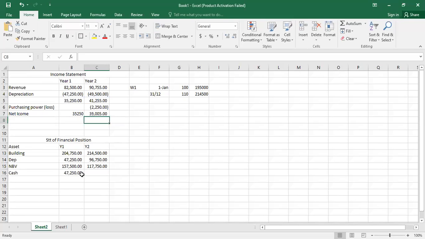Now I take you back to the statement of the financial position because we need to adjust the figures for capital, right? So for the second year, what is our cash? What is our cash in the account? Think with your feet.